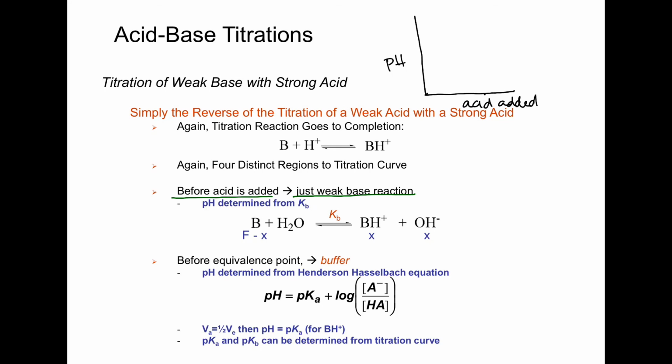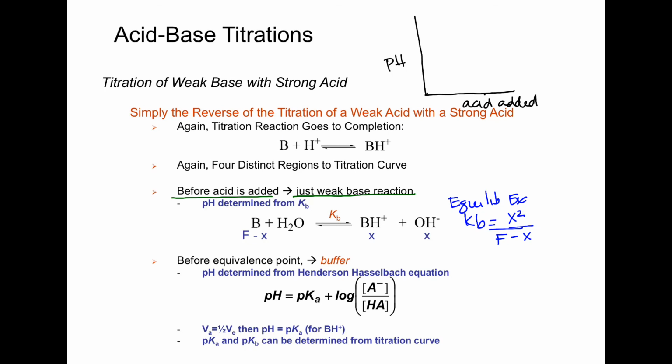So just like we did for our weak acid, we would use an equilibrium expression. The Kb is equal to something like x squared over the initial concentration minus x. Sometimes we call that initial concentration F when we've been doing our calculations.